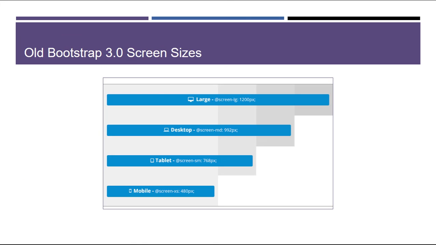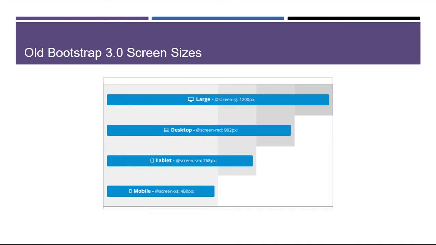So let's look at these screen sizes which are provided by Bootstrap. Large desktop, some media queries are there, but in Bootstrap 4.0 they adjusted their media queries a little bit.